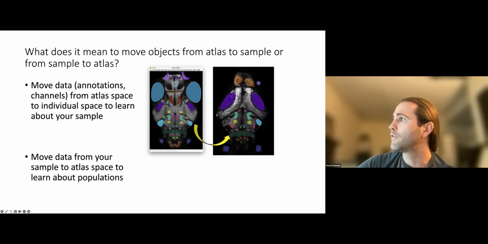And then here's an individual subject, not part of the atlas, but who is registered to the atlas. And I've taken all of these manual annotations and I have used the transform to put them on top of my individual subject. So now in my individual subject, I can say, oh, this is the habenula, or this is the neuropil of the optic tectum, or any other brain region that's present in the manual labels.